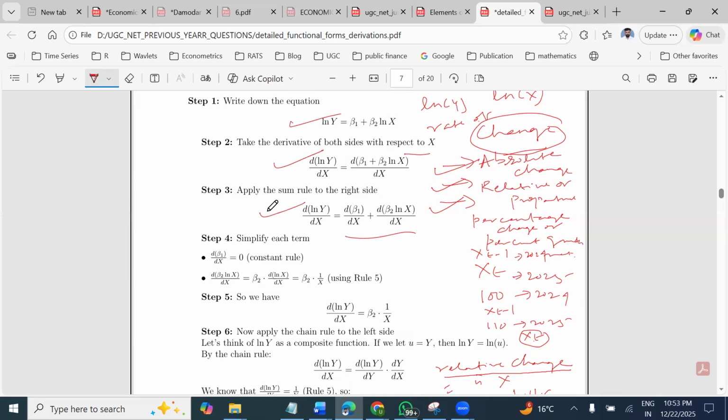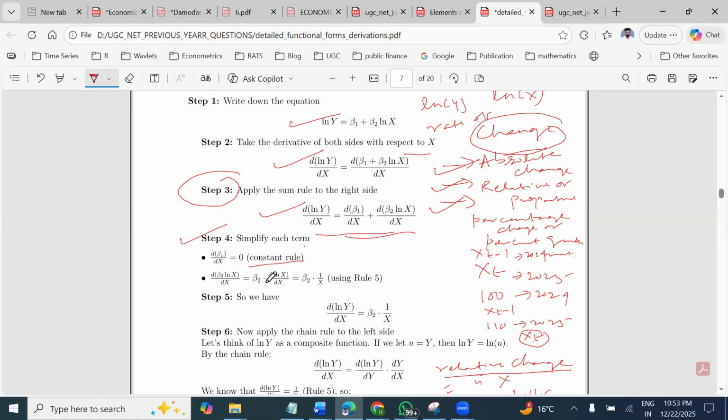Now up to step 3, is there any problem? Okay, very good. Step number 4, you simplify each term. That is d beta 1 with respect to dx is equal to 0, constant rule. Then beta 2 ln x.